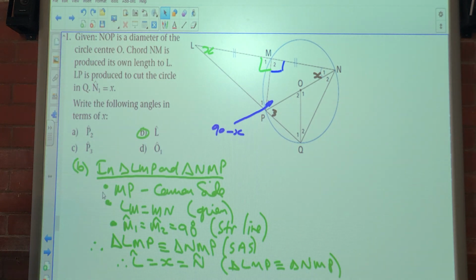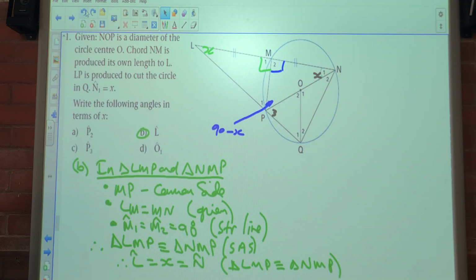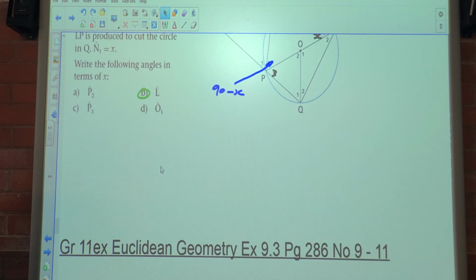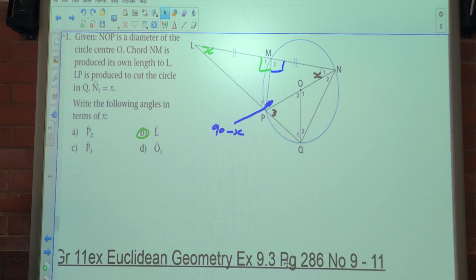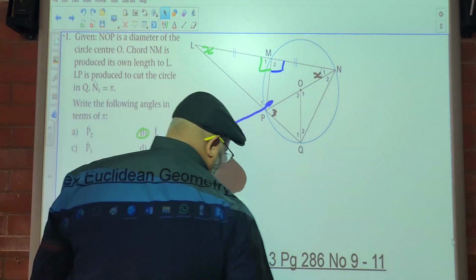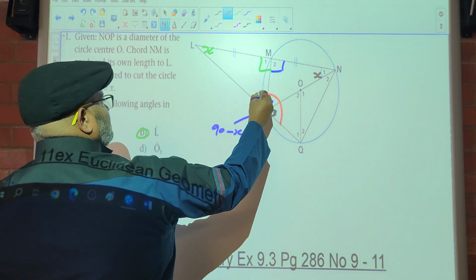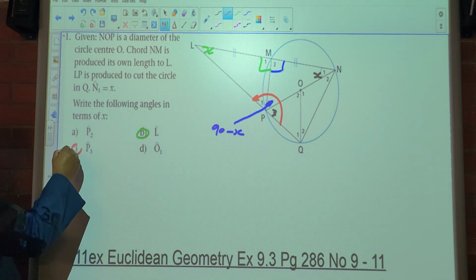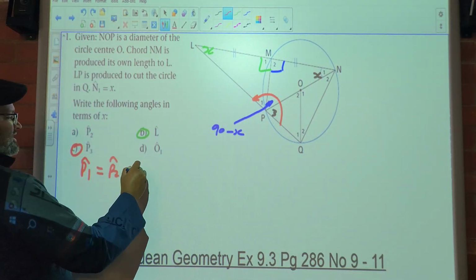Alright. Let's take this off here as I need the space. Now the question says, you must calculate P3. Now P3, what do I need for P3? I need P1. Why? Because I know the angles on a straight line. But I know angle P1 is equal to the same as P2, which is 90 minus x.